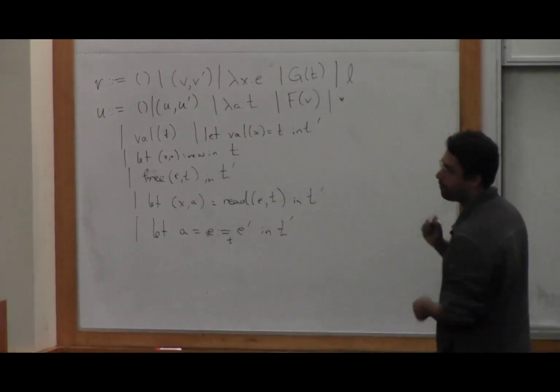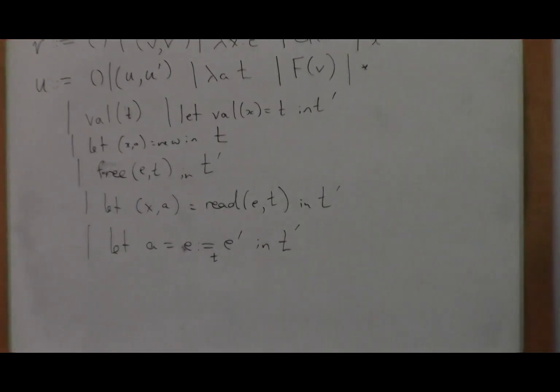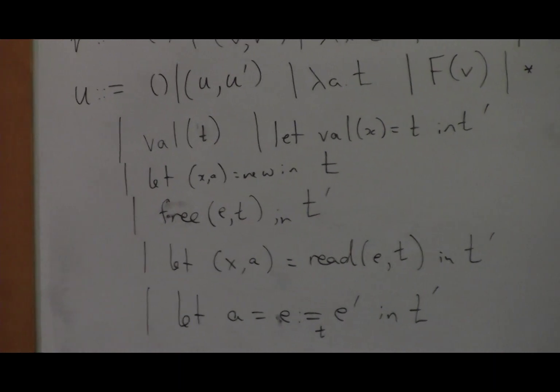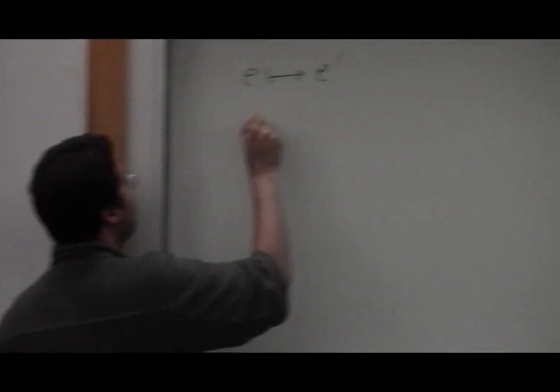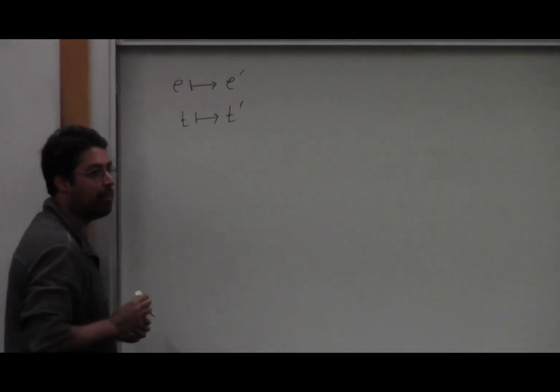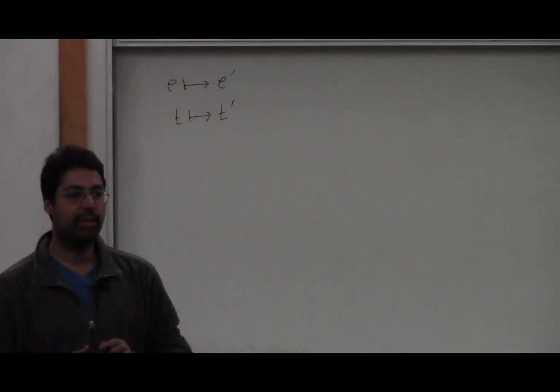The first two reduction relations we're going to give are a pure reduction for intuitionistic terms, which says E steps to E prime, and a pure reduction for linear terms, which says T steps to T prime. Both of these are going to look exactly as you expect.